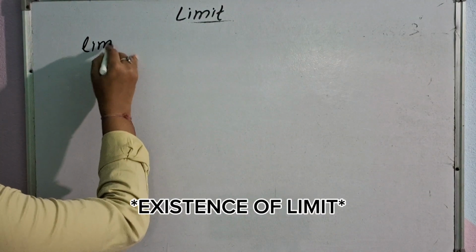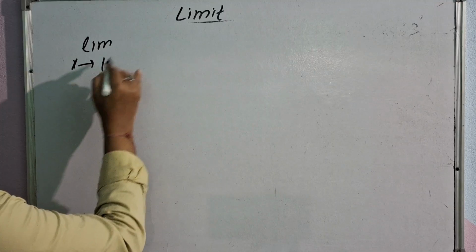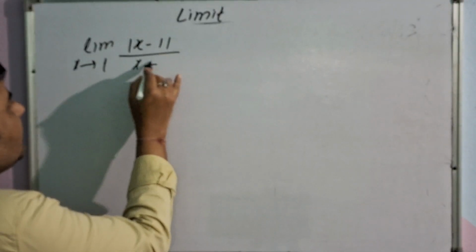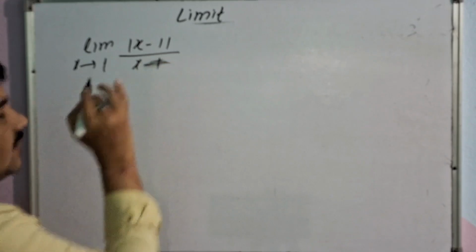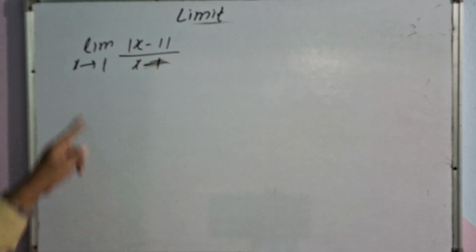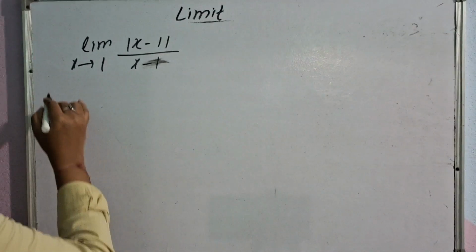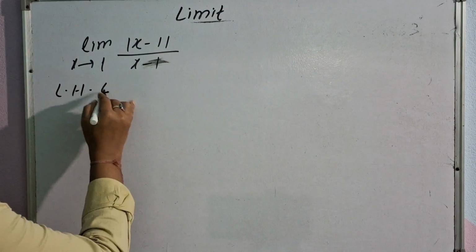Limit x tends to 1, |x minus 1| upon x minus 1. Here at first I want to take LHL, left hand limit.